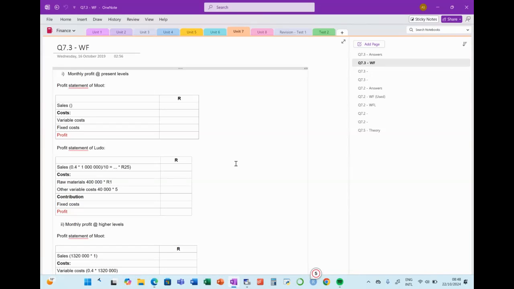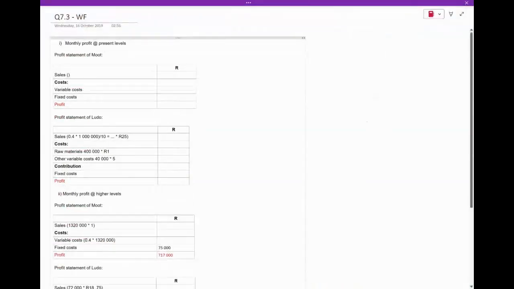So I would, in pencil, just immediately calculate, what is a 25% reduction in the selling price? The selling price is 25 Rand, isn't it? So let me do it on the screen here. We're saying the selling price is currently 25 Rand. The 25% reduction, we just say 0.75. What do you get?